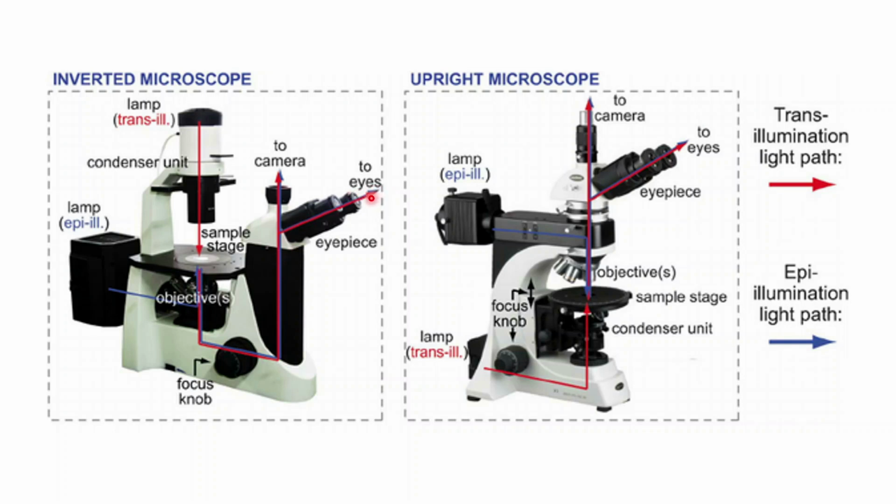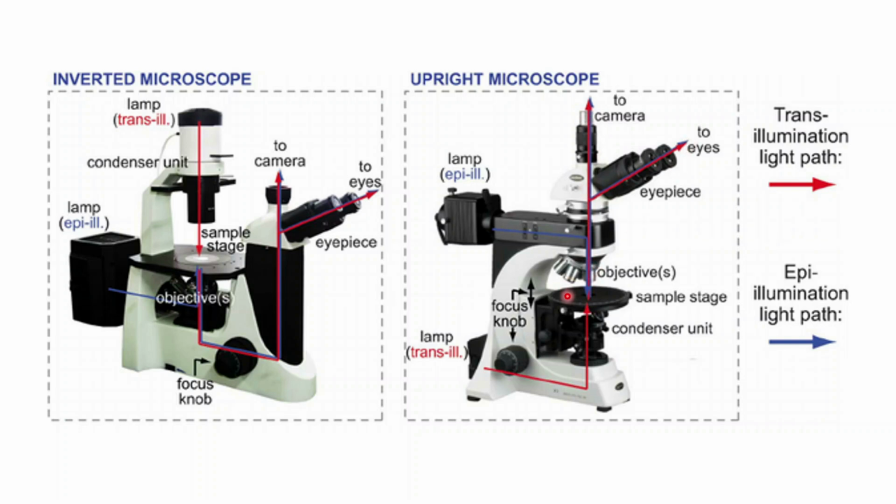and you can actually visualize it in the eyepiece. So if the sample or the slide you have made is transparent, then you can use an inverted microscope. If it is not transparent, then you have to use an upright microscope, because the light comes from this region, then reflects back, so that it goes through the objective lens and retraces the path, and then moves into the eyepiece.